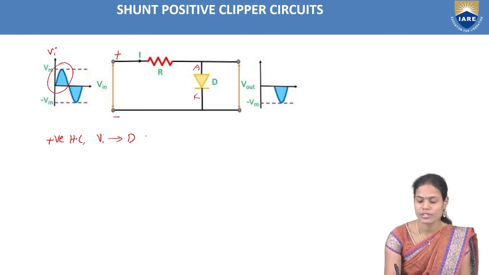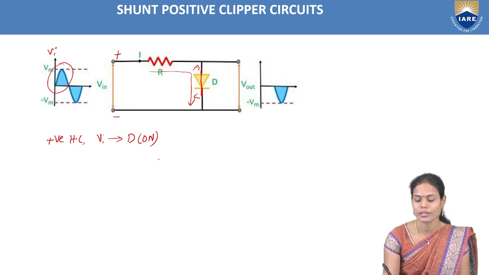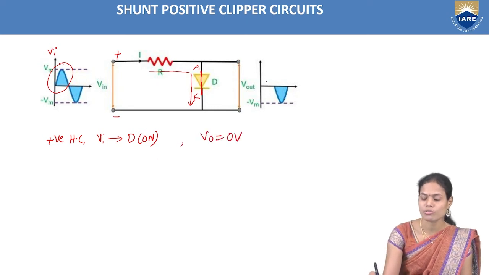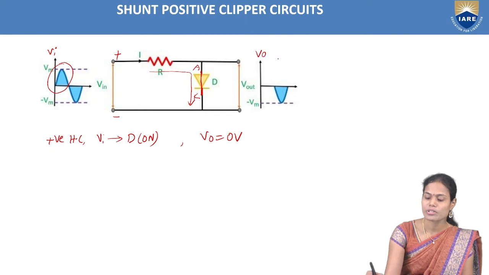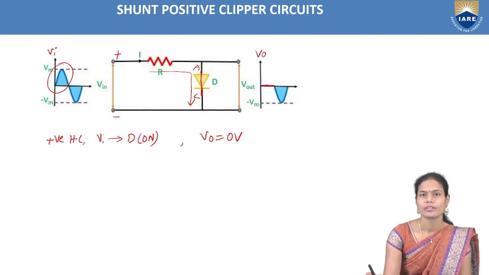The diode is in on state now. So once it is on, there is no drop across this diode, the total voltage will go to ground here. So that's why the output voltage is 0 during the positive half cycle, that we can observe across the output waveform. This is 0 for the positive half cycle.